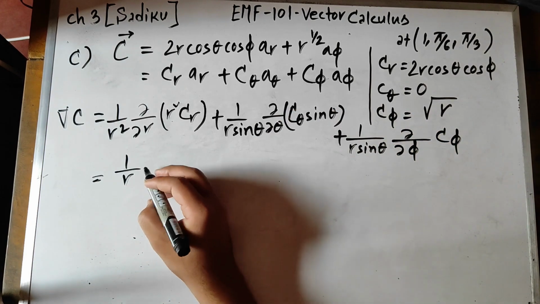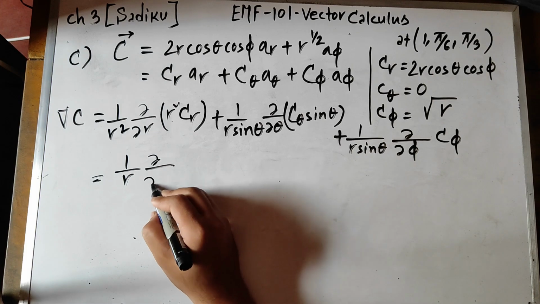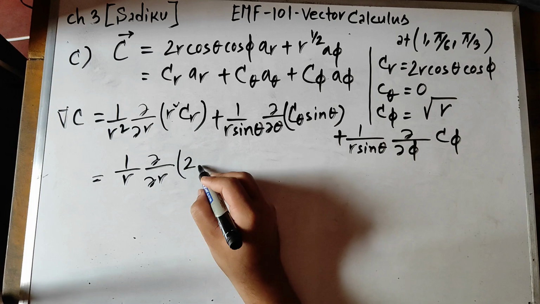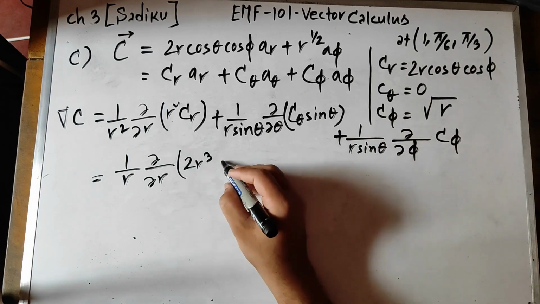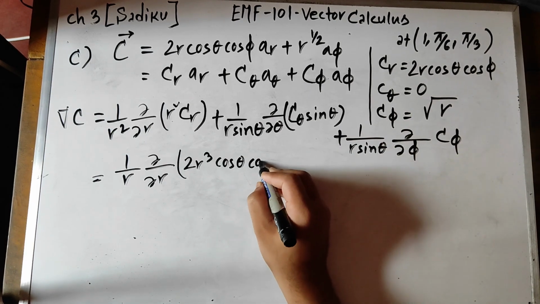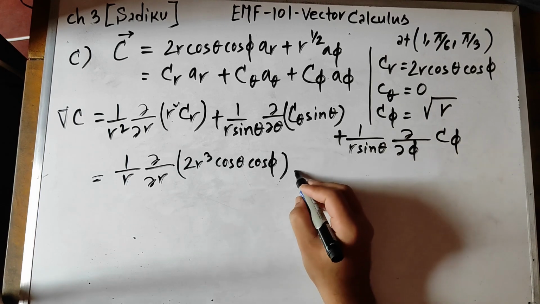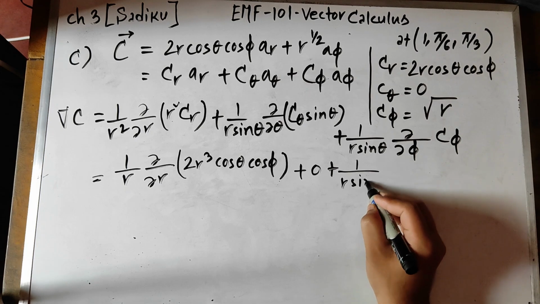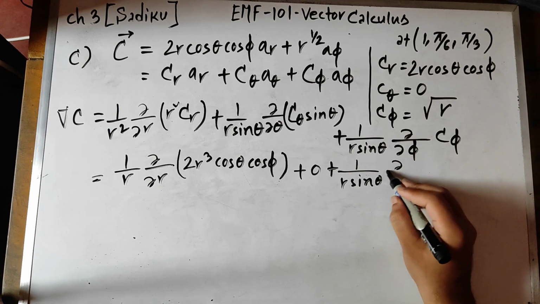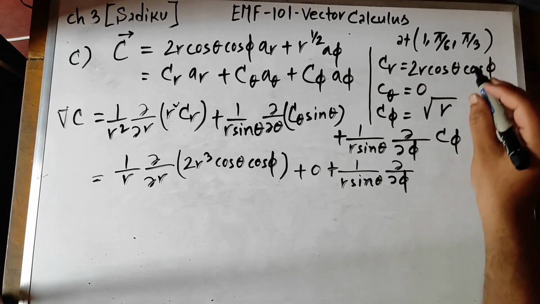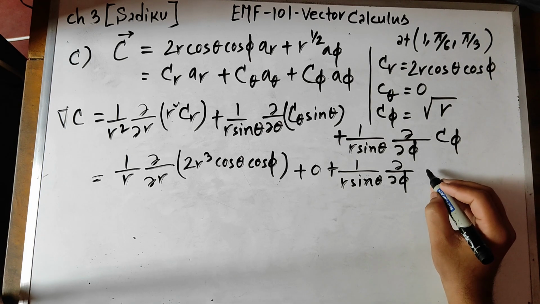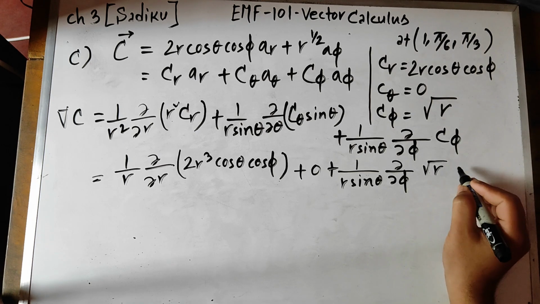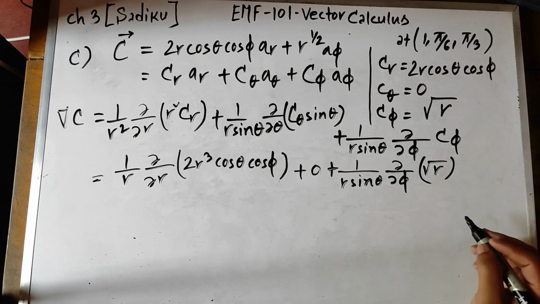So 1 by r del by del r of 2r cube cos theta cos phi, plus 0, plus 1 by r sin theta del by del phi of root r, and that's it.